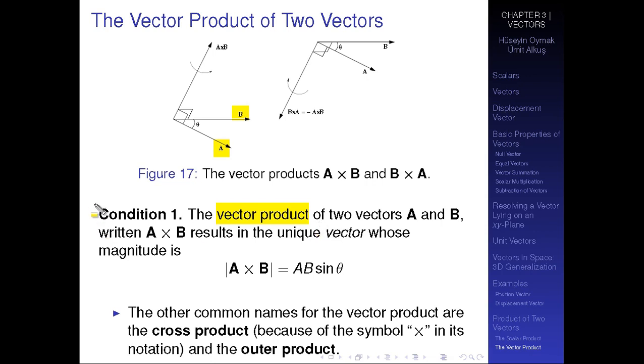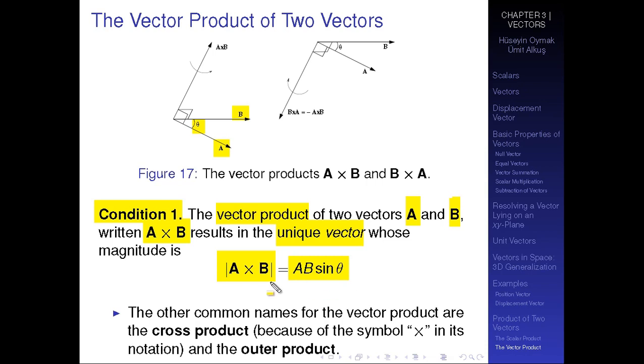Condition 1 states that the vector product of two vectors A and B, written as A cross B, results in the unique vector whose magnitude is A cross B equals AB sine theta. Here, theta is the smaller of the two angles between A and B. It is acute angle.